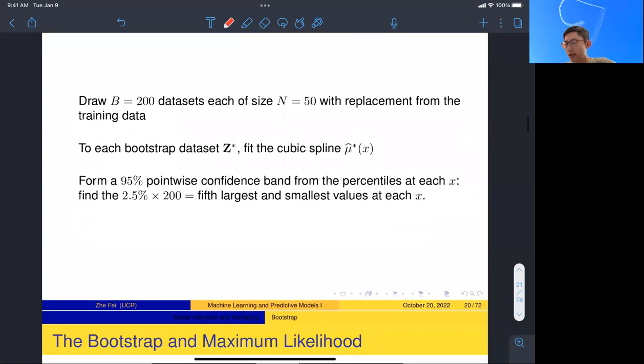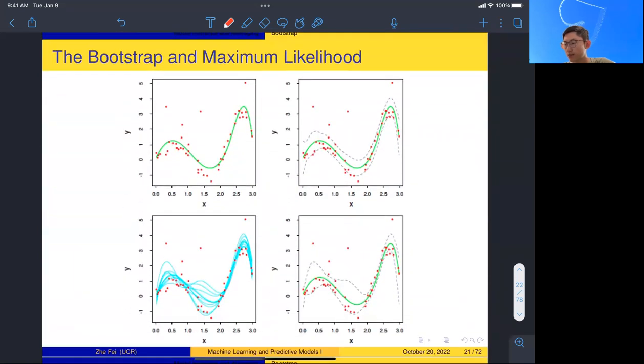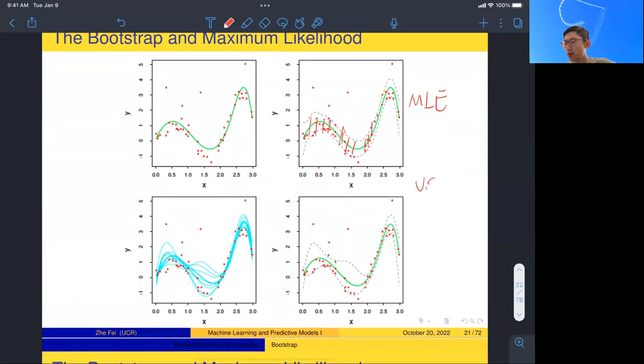There's some technical derivation, but the point here is that the variance is indicated by the bound, right? So the MLE bound is basically comparable with the bootstrap bound, right?